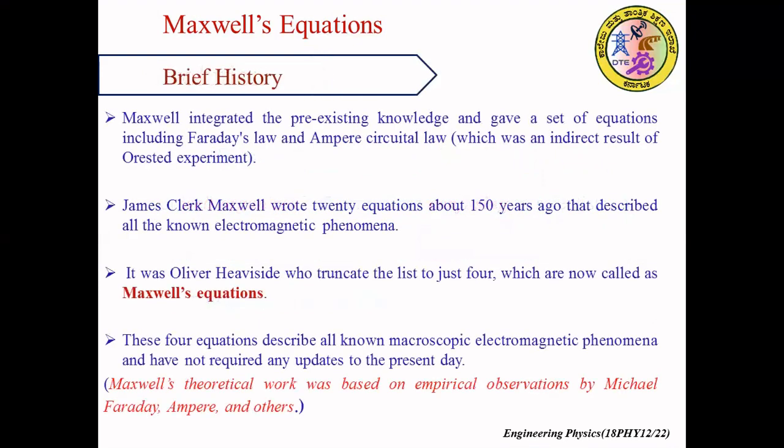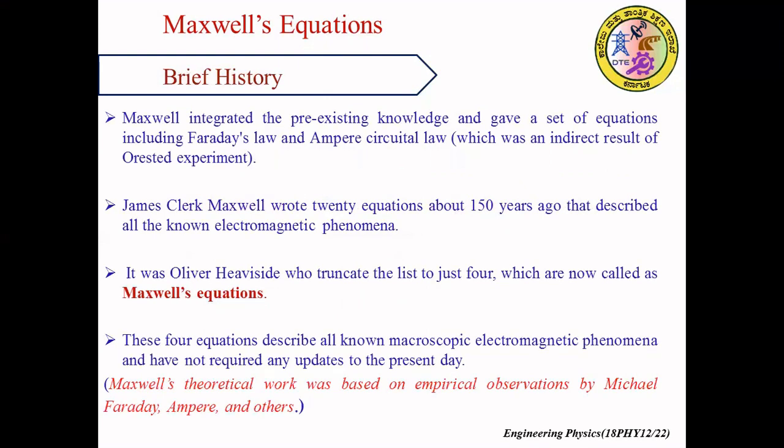So Maxwell, looking at all these developments, integrated the pre-existing knowledge and gave a set of laws, which included the Oersted law, the Faraday effect, and Ampere's circuital law. Combined together, he formulated a set of laws. These laws were mathematical, about 20 in number, and were called Maxwell's equations.